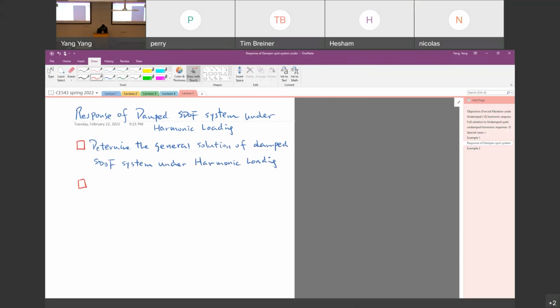Second, calculate the amplification factor.